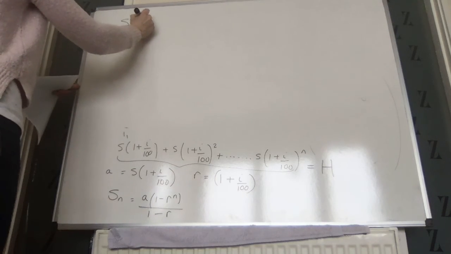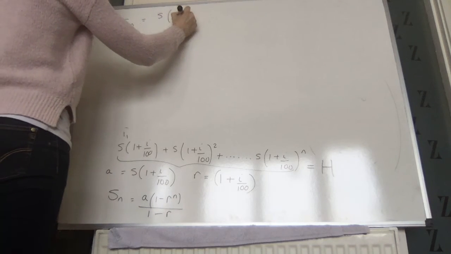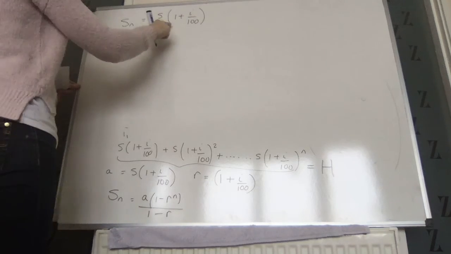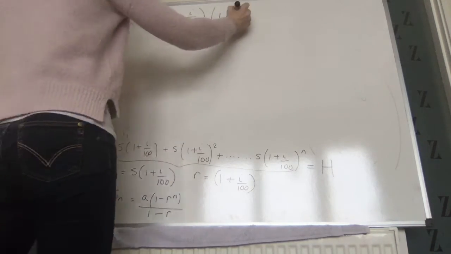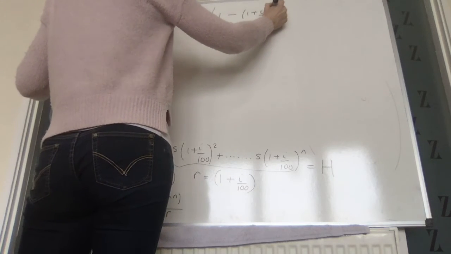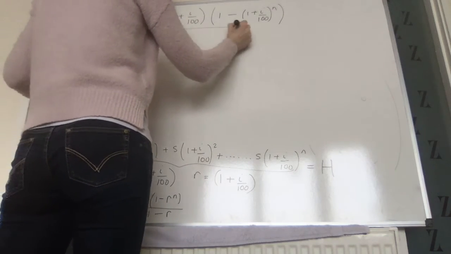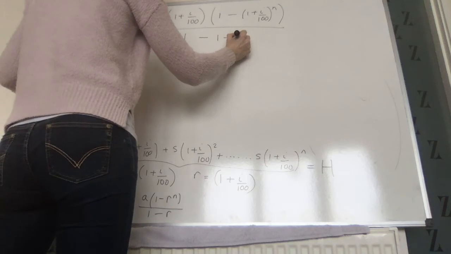So Sn is a times 1 minus r to the power of n over 1 minus r.